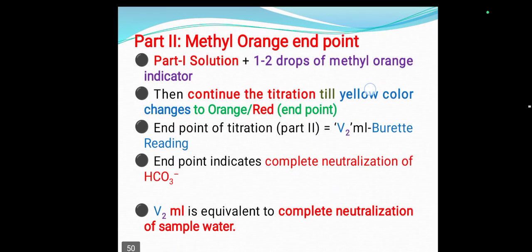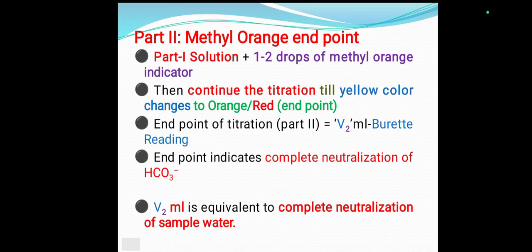Then part 2 is the methyl orange end point, the second indicator we use. For part 2 we take the colorless solution from part 1, and to it we add 1 to 2 drops of methyl orange indicator directly.